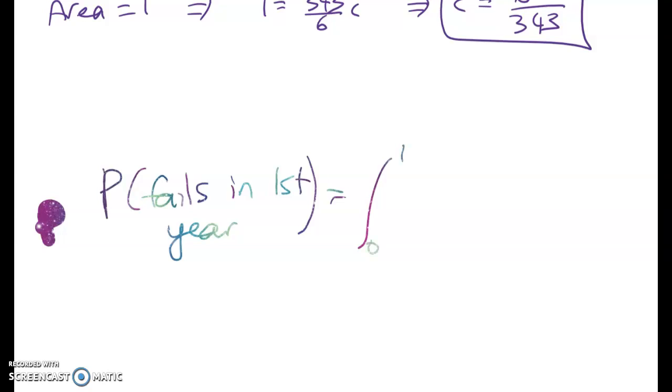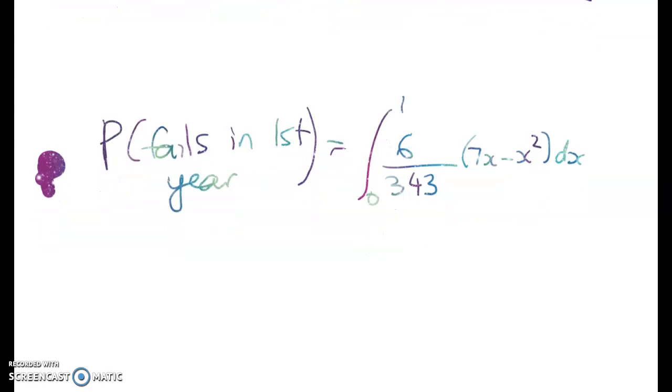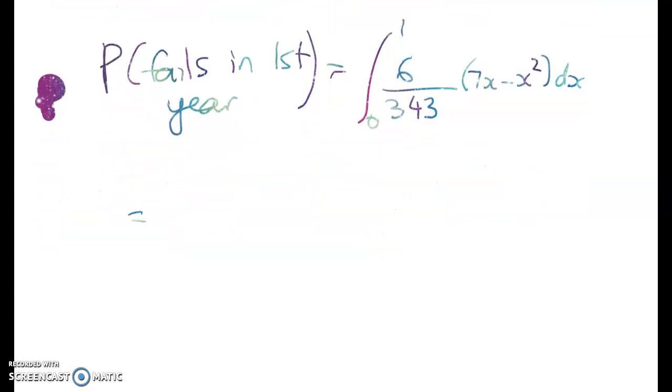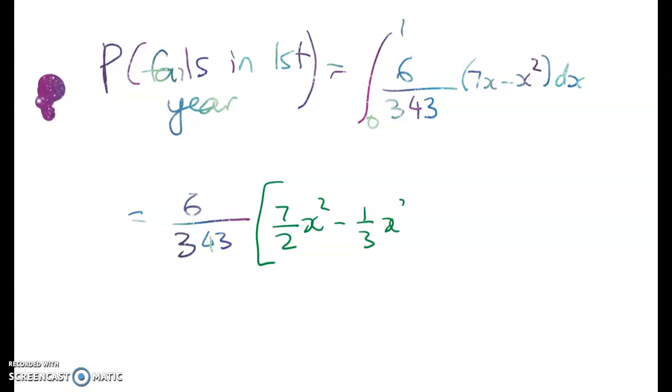It's the integral from 1 to 0 of 6 over 343 times 7x minus x squared dx. So working that through, take the constant out the front, so 6 over 343. And then I've got 7 over 2 x squared minus 1/3 x cubed between 1 and 0.